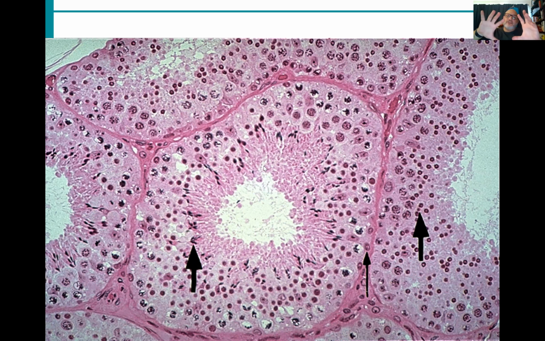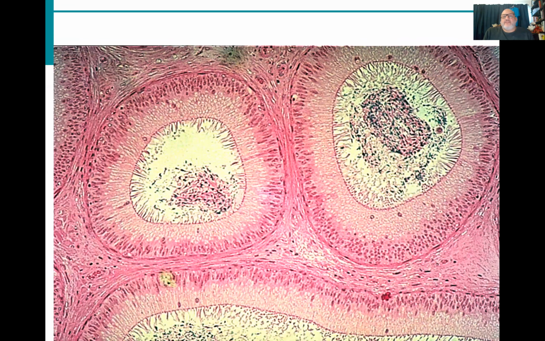One of the tricks to the histology of the male is that, remember, this is where we produce the sperm, and this is where we mature them. What's the organ where we mature the sperm again?